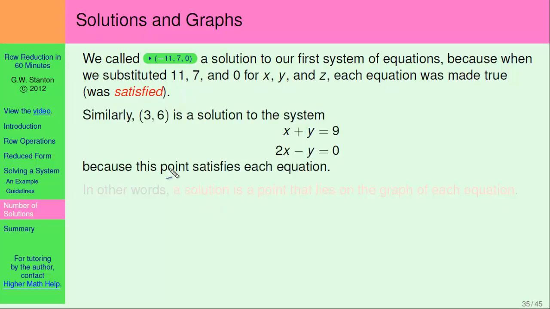Similarly, the point 3, 6 is a solution to the system x plus y equals 9 and 2x minus y equals 0. We can check that real quickly just by substituting in the values, 3 in for x and then 6 in for y, and we find that 3 plus 6 is equal to 9. And similarly, 2 times 3 minus 6 is equal to 0.